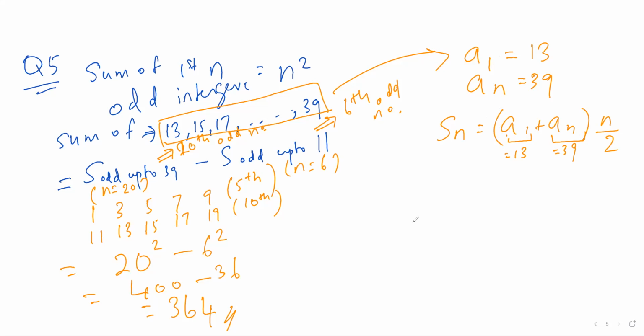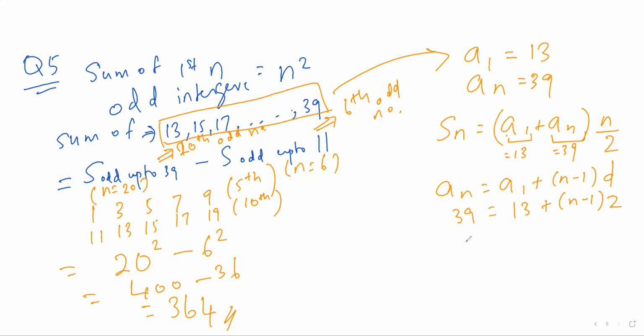So how do you find n? You also know that AN is A1 plus (n minus 1)d. So we know that AN is 39, A1 is 13, plus (n minus 1) times d, where d is 2, because these are odd numbers.